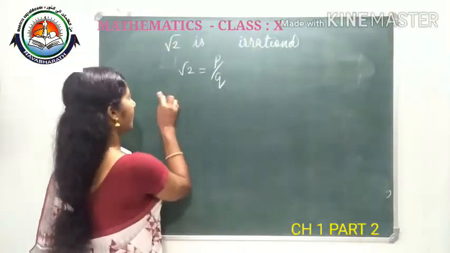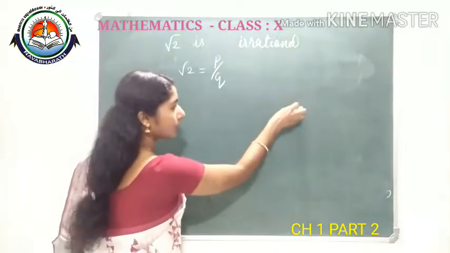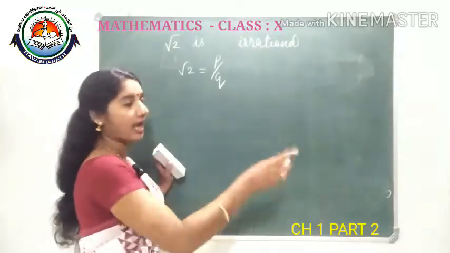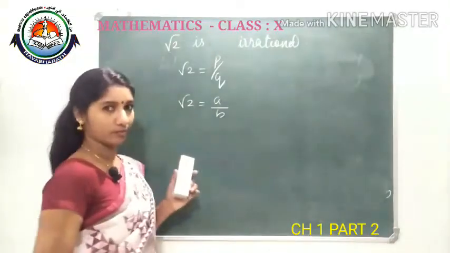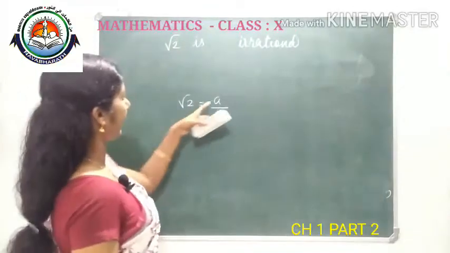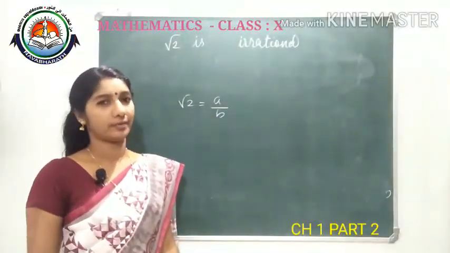If there are any common factor for P and Q, remove the common factor, and finally we can write root 2 is equal to A by B form. Okay. So this A and B now they don't have any common factor, we removed all the common factors.